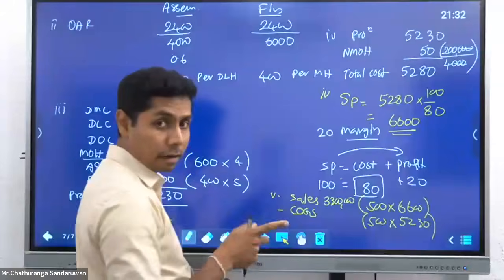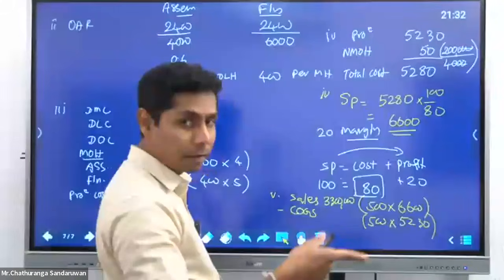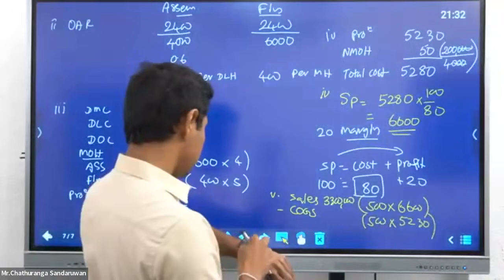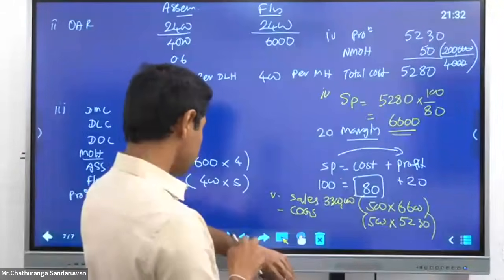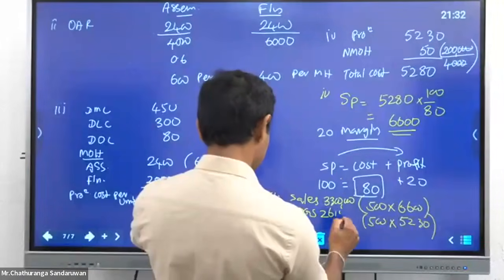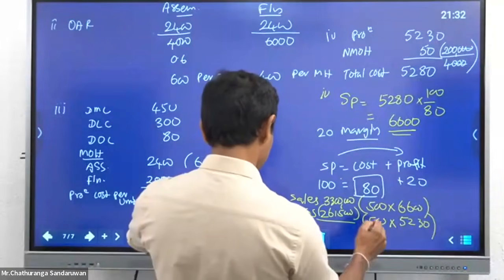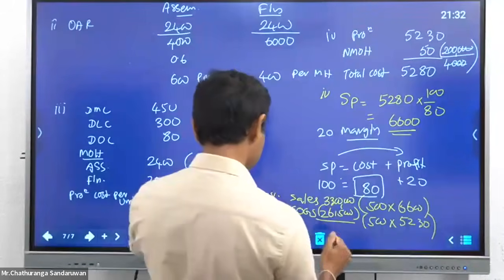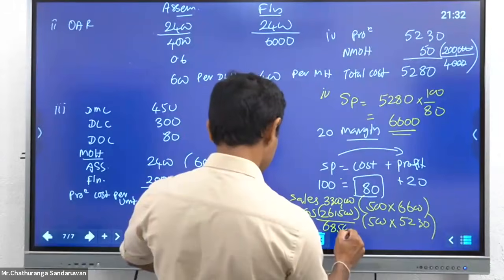Not the full cost, they are not asking for the net profit, they are asking for the gross profit. Therefore, 500 into 5230 is 2,615,000. Therefore, gross profit is 3.3 million minus this, 685,000. That's the answer.